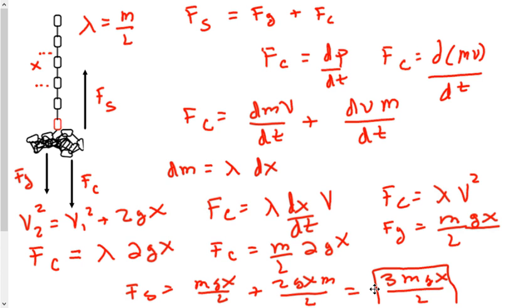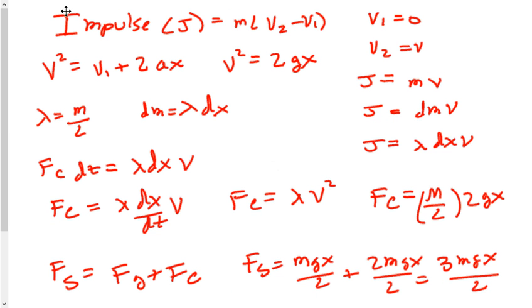So that's a differential way of looking at the falling chain. There's an alternative method looking at impulse. Let's take a look at that. Remember, impulse J equals m times v2 minus v1. Once again, v1 is going to equal 0. v2 is going to equal some velocity, let's just call it v.